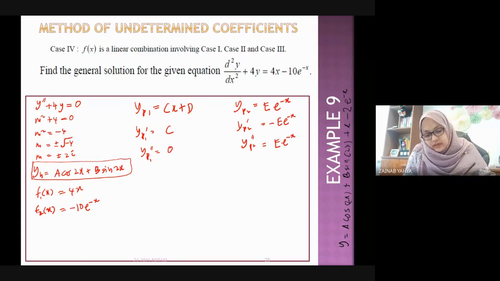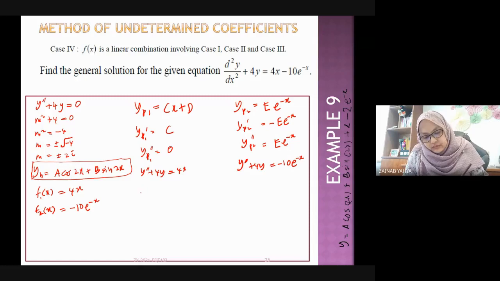Okay, so substitute in the equation. The equation we also separate: y double prime plus 4y equals 4x. And this one, y double prime plus 4y equals negative 10 exponent negative x. So we substitute: 0 plus 4 times cx plus d equals 4x.